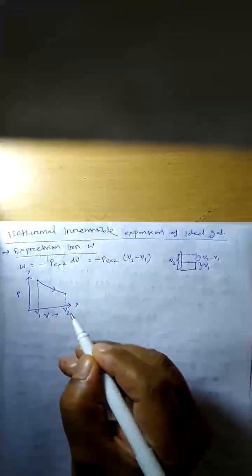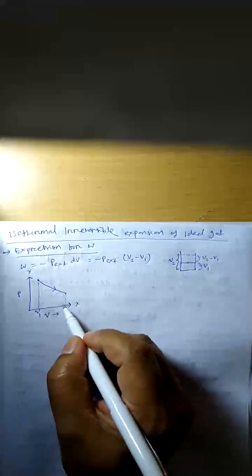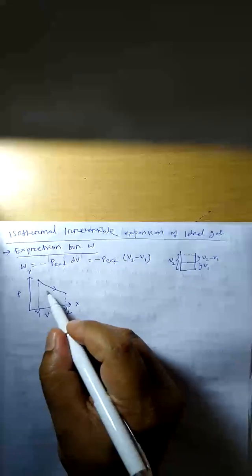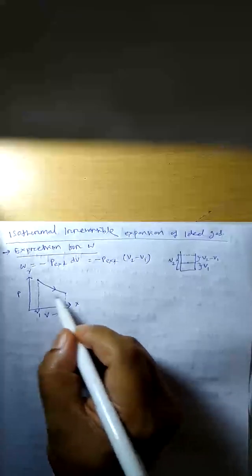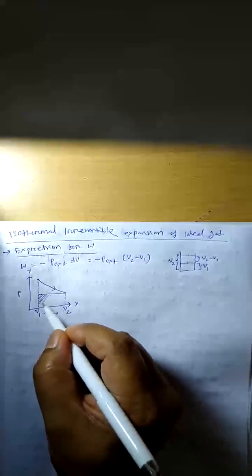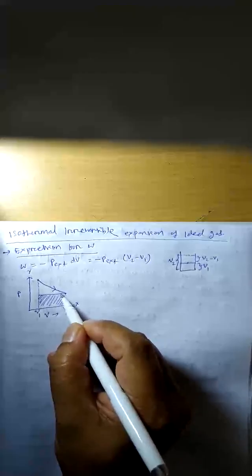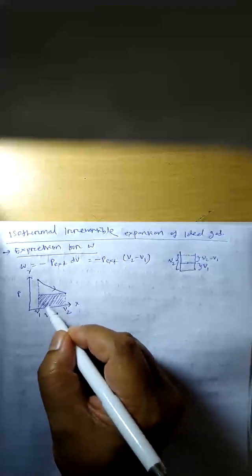It is expansion. In case of reversible, the work done is the entire portion. But in case of irreversible, the work done is only this much. It is less than that of the reversible process.